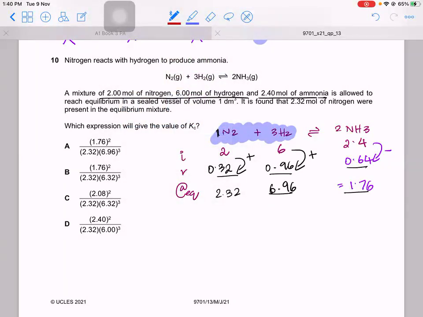So it will be 1.76 squared upon 2.32 times 6.96 cubed. Yes, that becomes your expression for Kc. And your answer therefore is A. Clear? Is this clear?